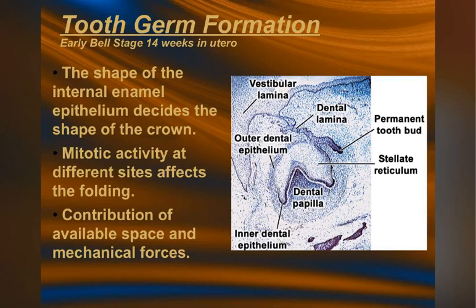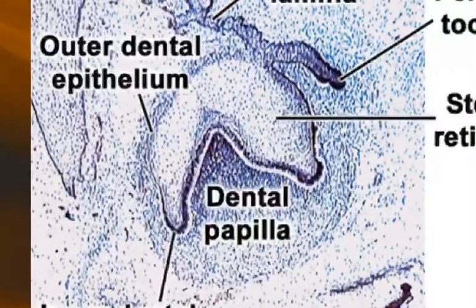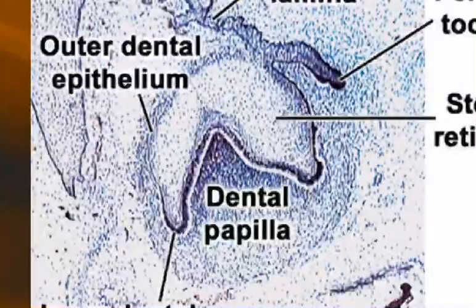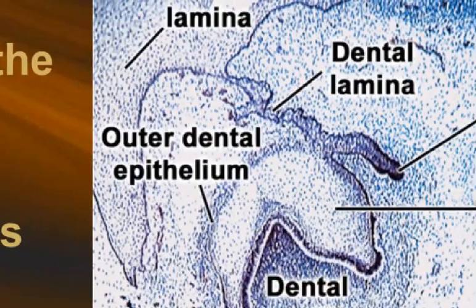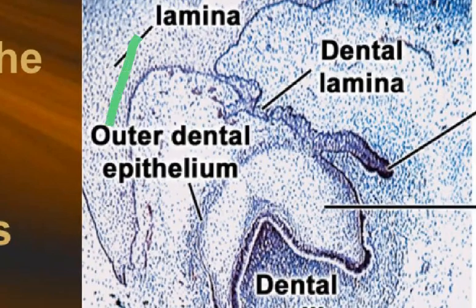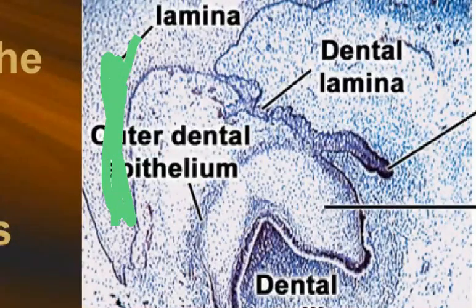Then we go to the next stage. It's called early bell stage. It is 14 weeks in utero. Now, first of all, let's identify the main parts. This is vestibular lamina.